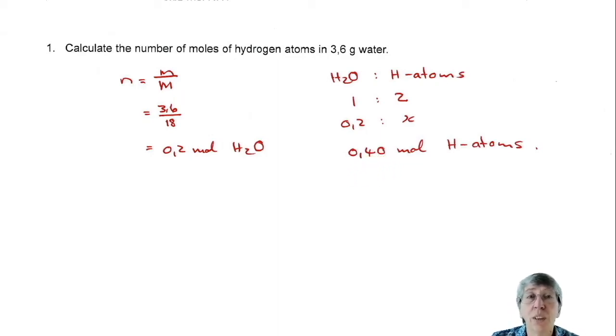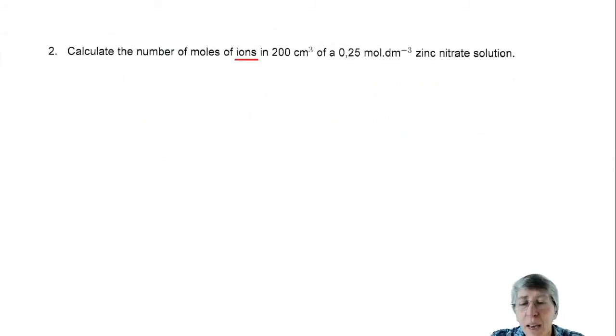Right, what did you do with number 2? In number 2, they ask us to calculate the number of moles of ions in 200 cube centimeters of a 0,25 moles per cube decimeter zinc nitrate solution. So they're asking us for ions, but they're giving us zinc nitrate. Now let's start with what they give. They give you a volume and they give you a concentration, and this is a solution.